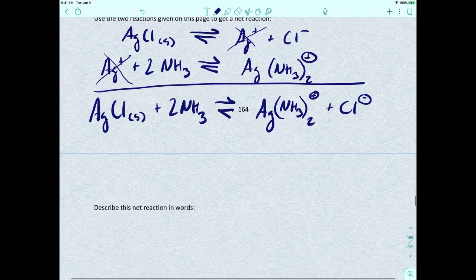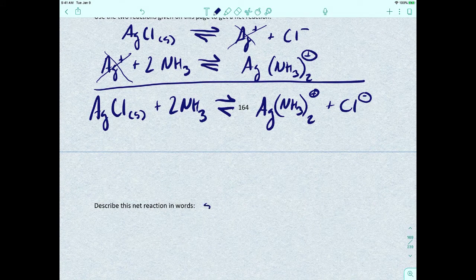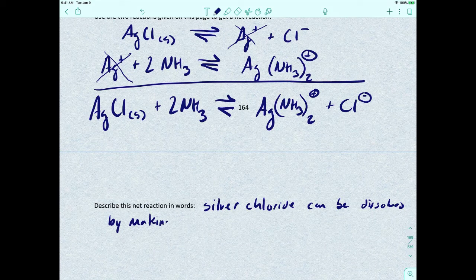To describe in words what we're talking about, we're saying that silver chloride can be dissolved by making a complex ion of silver ion with ammonia.